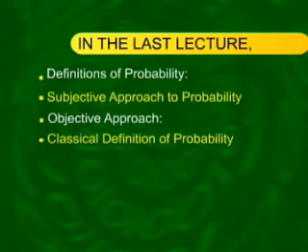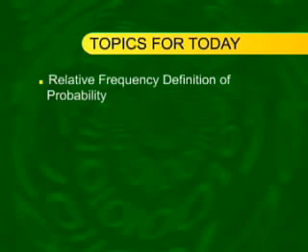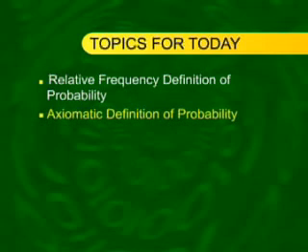Also, I touched upon the relative frequency definition, which is a very important definition from the statistical point of view. Today, I will discuss with you this definition in a little more detail, and then we will proceed to the more mathematical definition, and that is the axiomatic definition of probability.